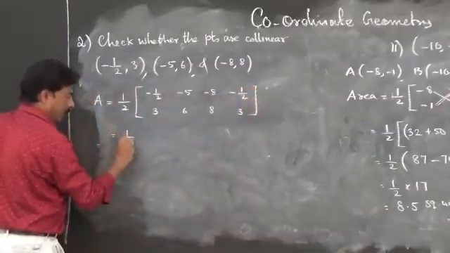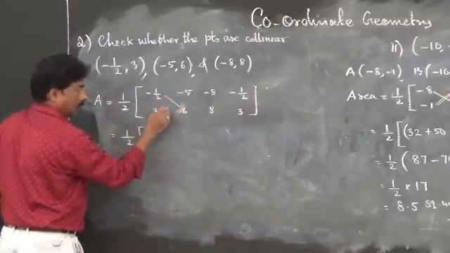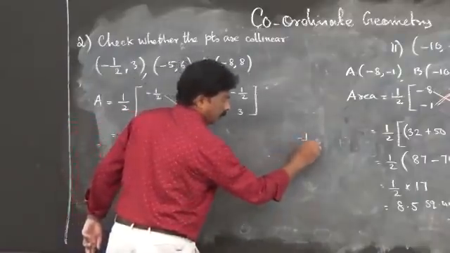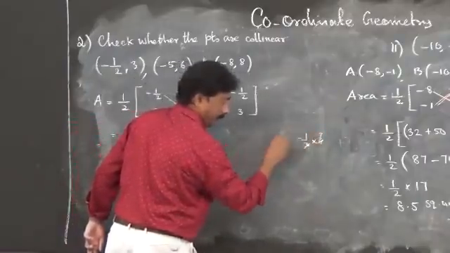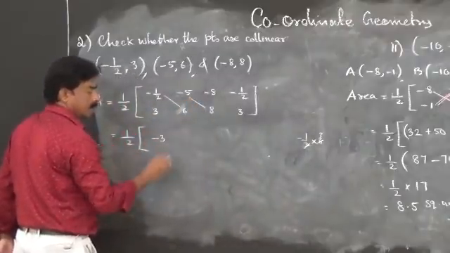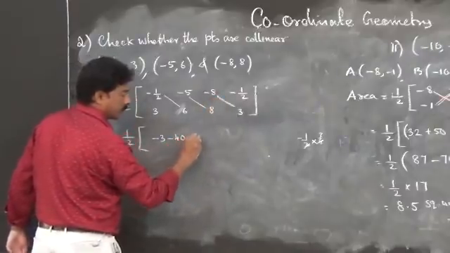So when you multiply, as usual, minus 1 by 2 into 6: you cancel, you get minus 3. Minus 5 into 8 is minus 40. Minus 8 into 3 is minus 24.